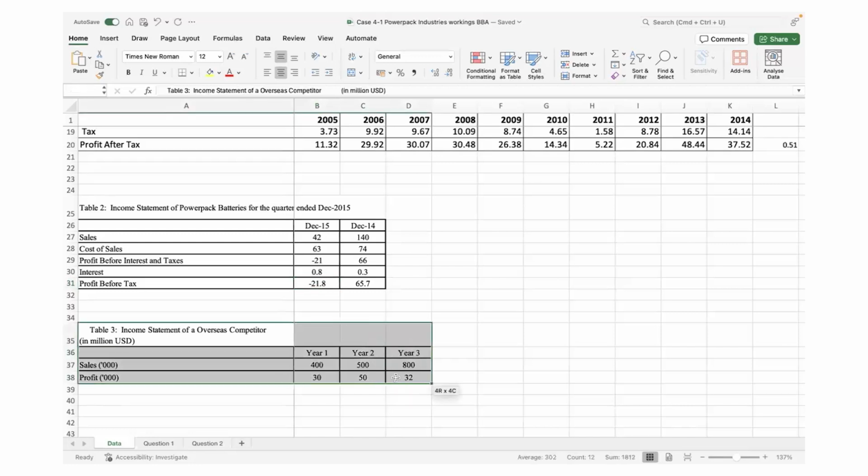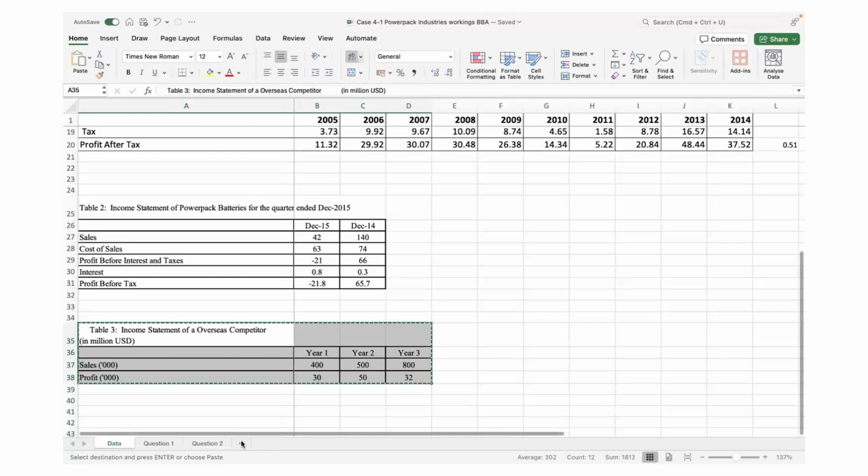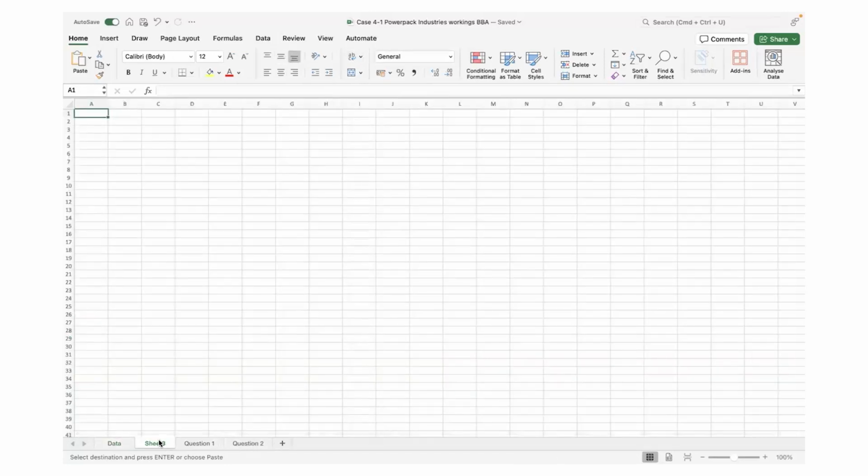data. So, let us copy this. This is question 3.